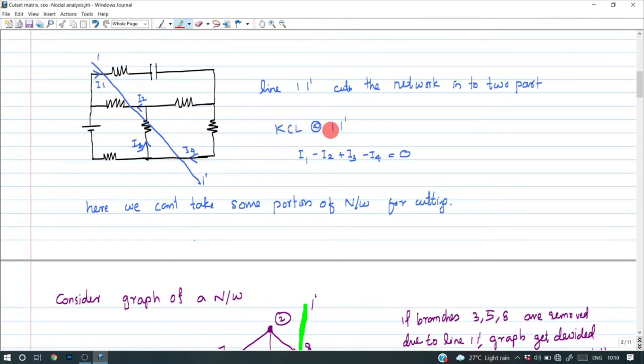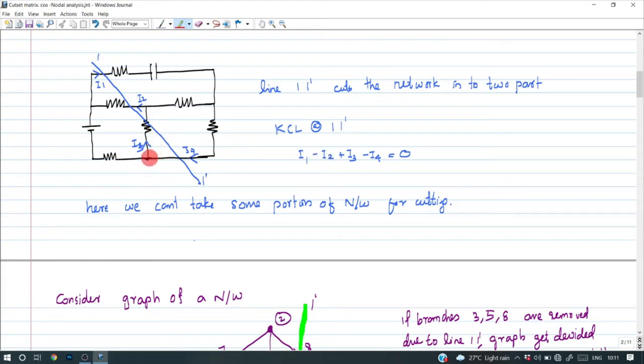So when we are applying KCL at cut set 1, 1 dash, this current I1 is positive. Why? Because it is moving from left to right. Similarly, this current I2 is moving from right to left towards this line, so it is taken as negative, minus I2.